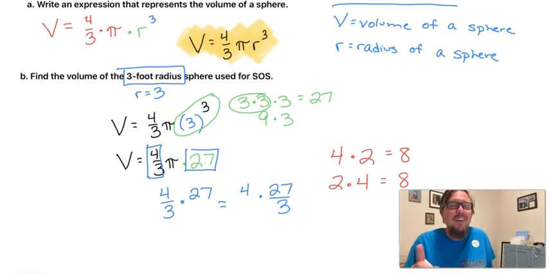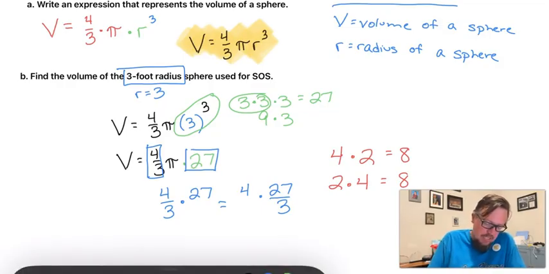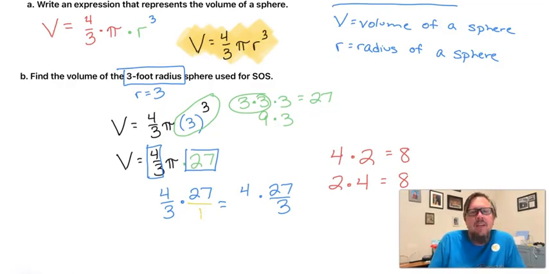Again, the order doesn't matter when you're multiplying. So this 27 I can write as 27 over 1. So on the top, I would do 4 times 27, and on the bottom, I would do 3 times 1. But the order doesn't matter. So on the top, I can do 4 times 27, and on the bottom, instead of doing 3 times 1, let's do 1 times 3.